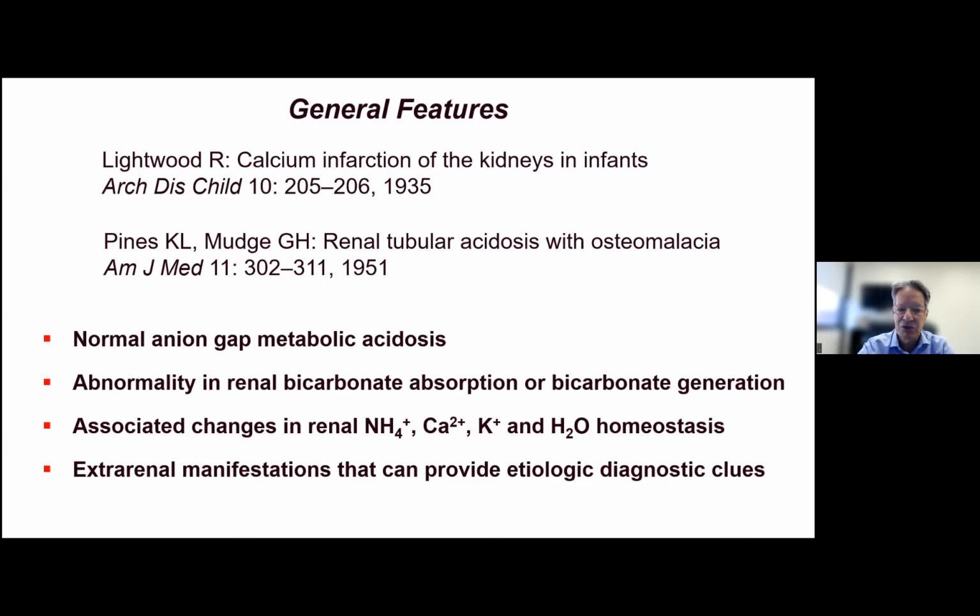So these disorders affect other transport processes in the nephron, in addition to just bicarbonate physiology. And clinically, there are extrarenal manifestations outside the kidney that can also help provide you with the etiologic diagnosis. And you'll get these on your renal board. So it's important to know the phenomenology outside the kidney abnormalities also.